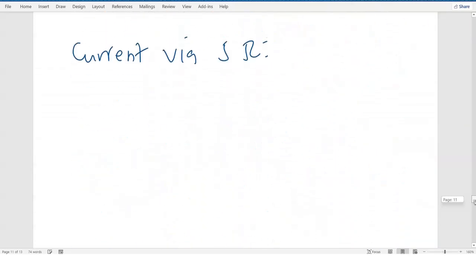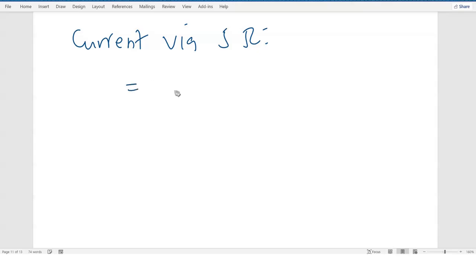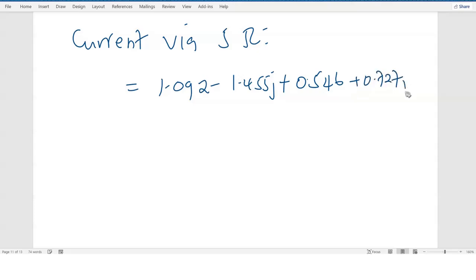So we are going to add the two: 1.092 minus 1.455j plus 0.546 plus 0.727j.